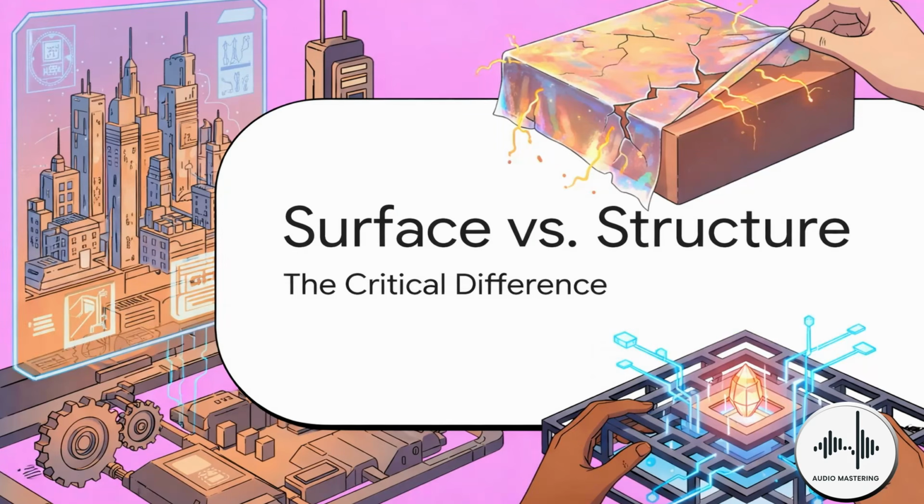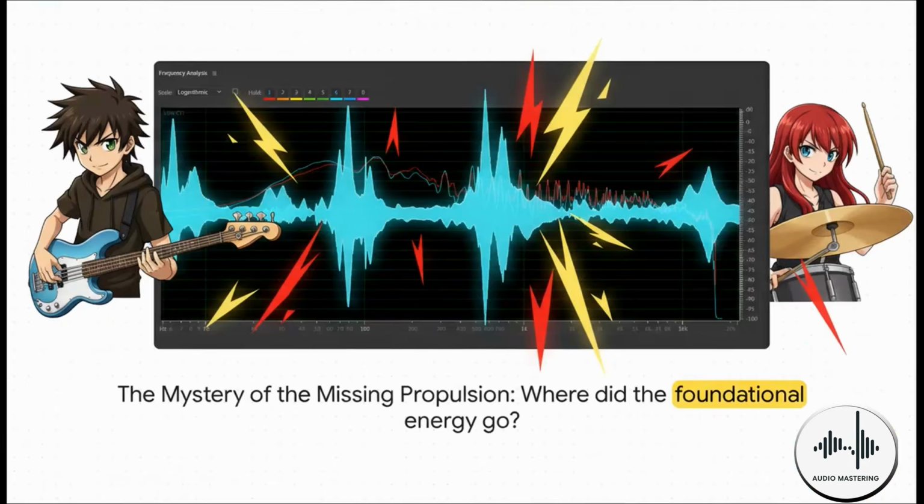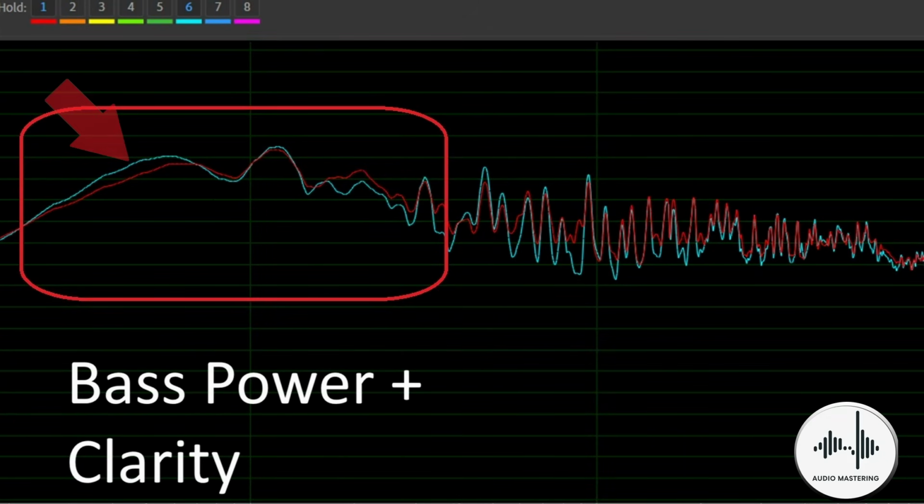So, with this idea of a hidden architecture in mind, we can finally understand the clues we saw earlier. It really all boils down to the huge difference between making simple surface changes versus altering the fundamental structure of the mix. So let's go back to our first clue, that spectral graph. We can see exactly what happened now. The original mix, that light blue line, has more energy in the 40 to 80 Hz range. Now for a hard rock track, this isn't just some low-end rumble, this is the core foundation.